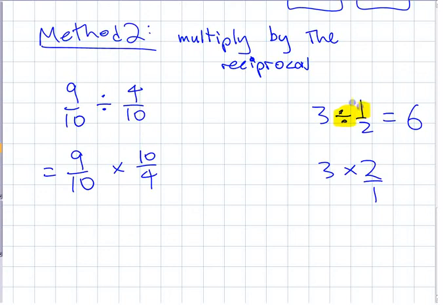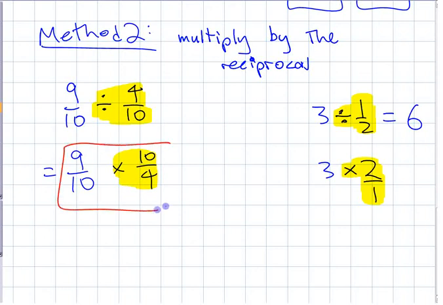When you divide by 1/2, it's the same as multiplying by 2/1. If we're dividing by 4/10, it's actually going to be the same as multiplying by 10 over 4. And we already know how to multiply fractions, hopefully, from previous sections.